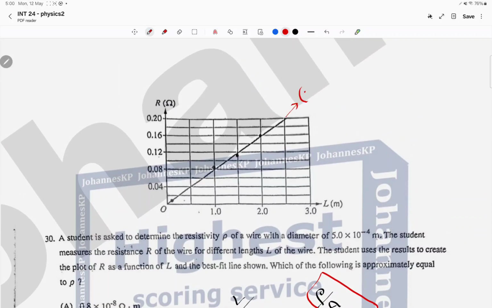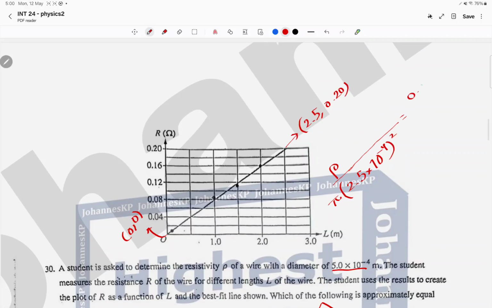This will be 2.5 with 0.20, and this will be 0 and 0. So resistivity over the area, which is pi r squared, so divide diameter by 2 and square it, is equal to the slope, which is 0.20 over 2.5.